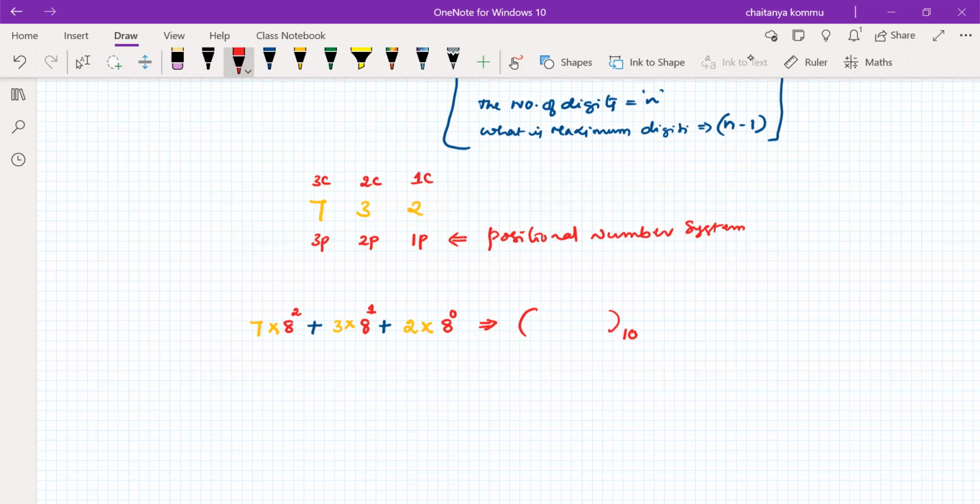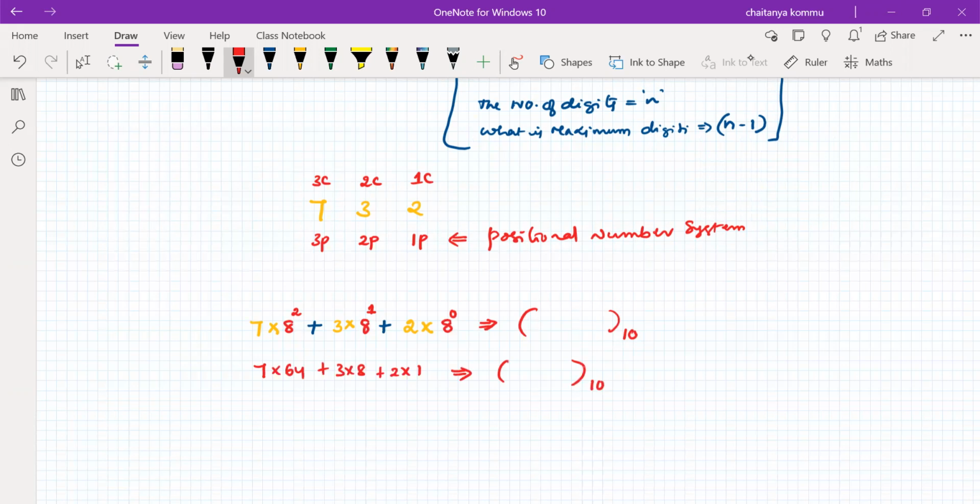Quickly, what is the value of this one? 64 plus 3 into 8 plus 2 into 1. This will come in the form of a decimal number system.